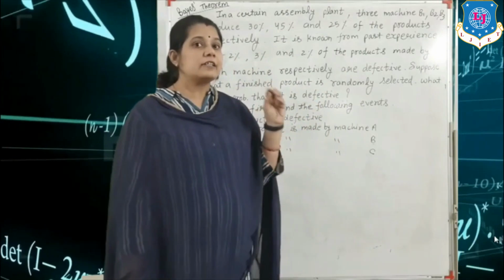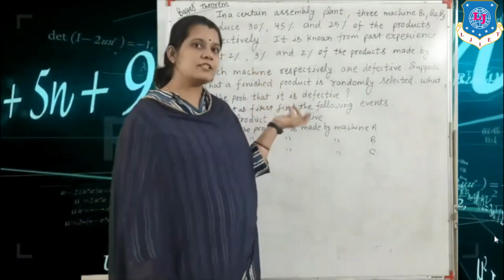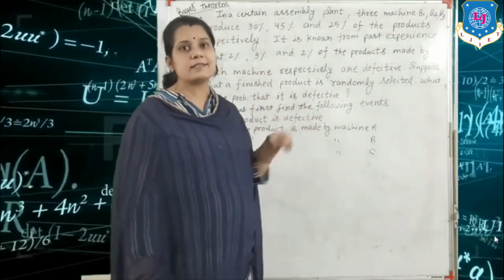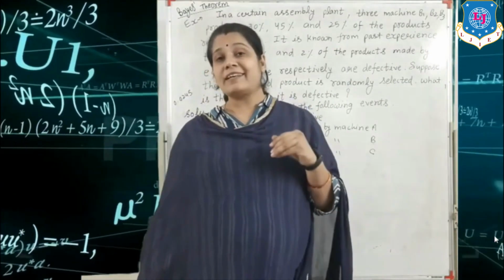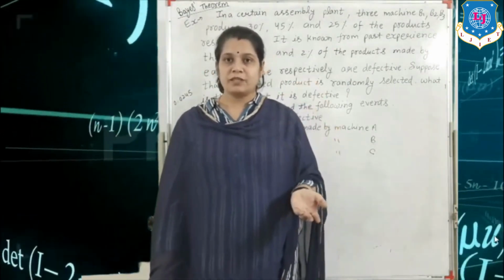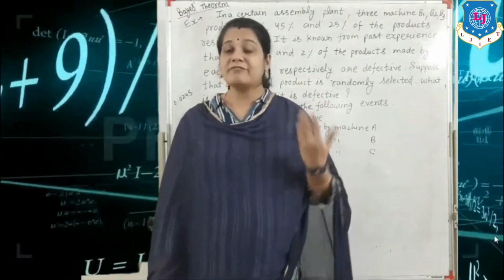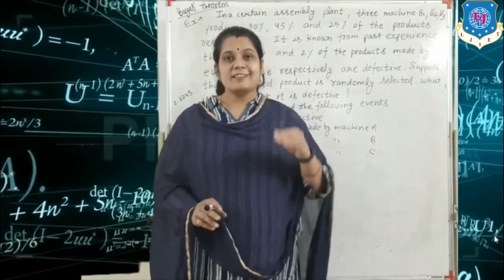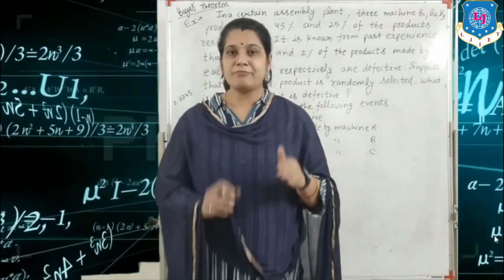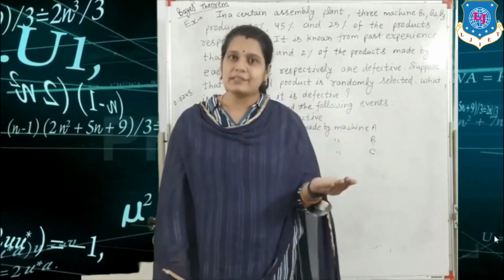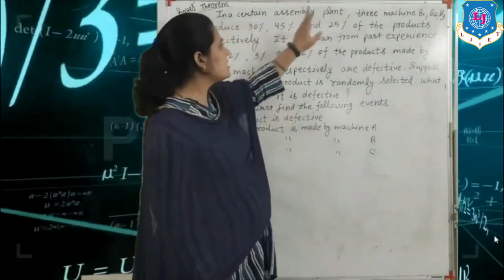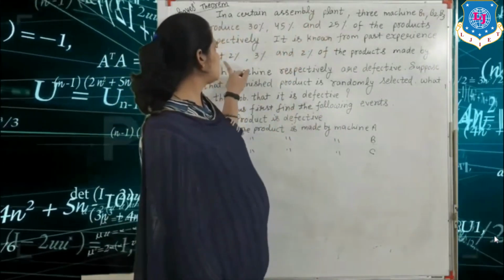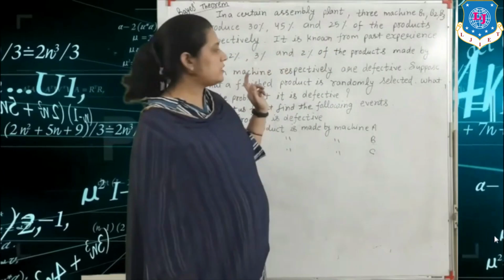Does this question depend on conditional probability? Yes, because we are finding the defective product. First the production is completed, and after that we find the defective product. So here are these three productions and these three defect numbers.